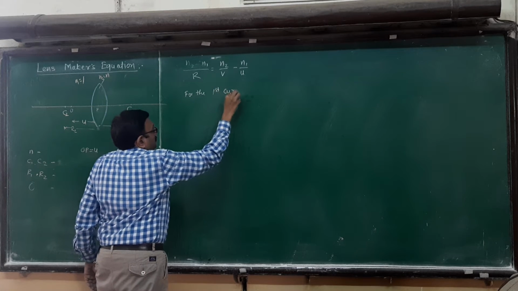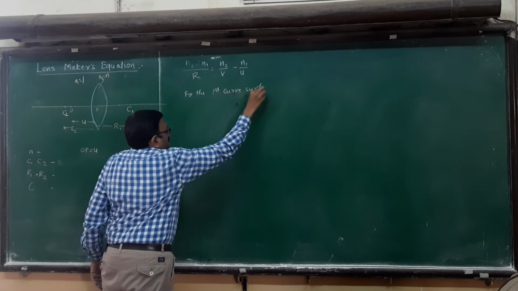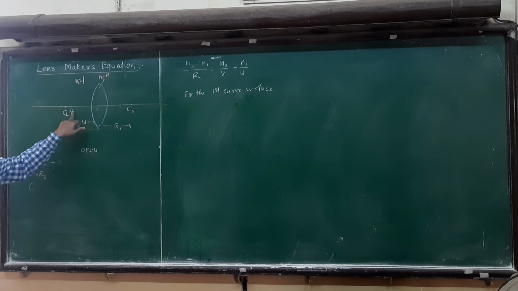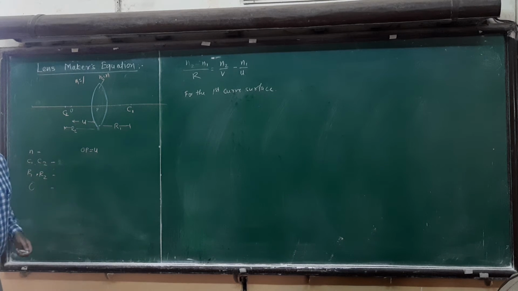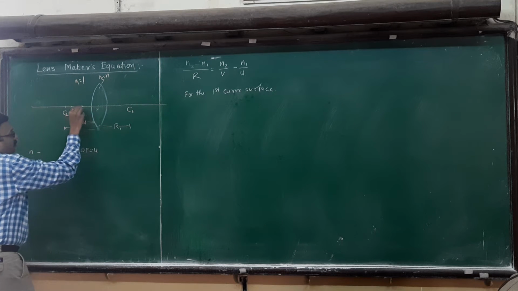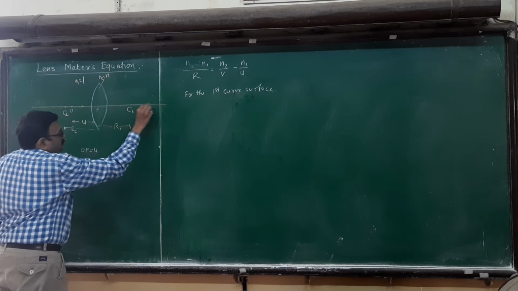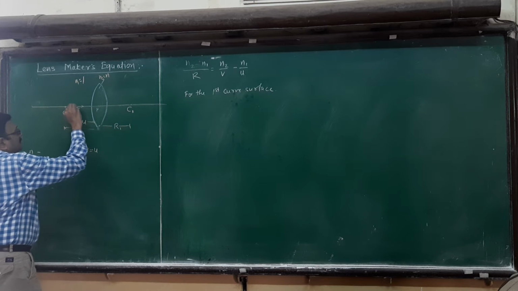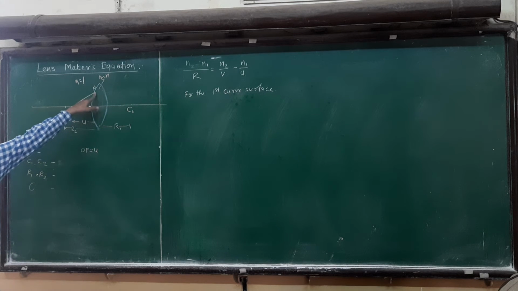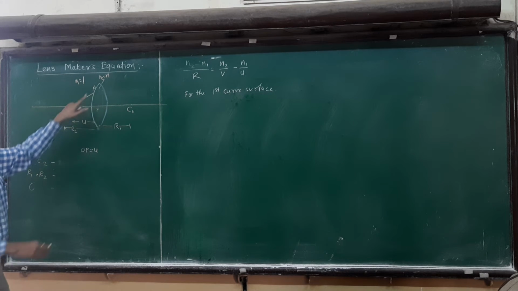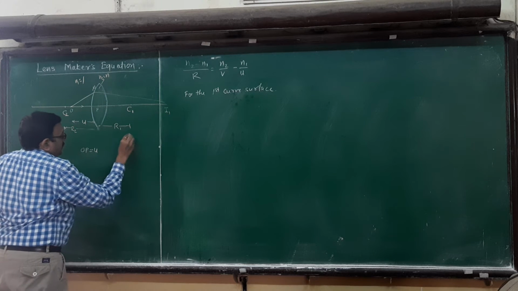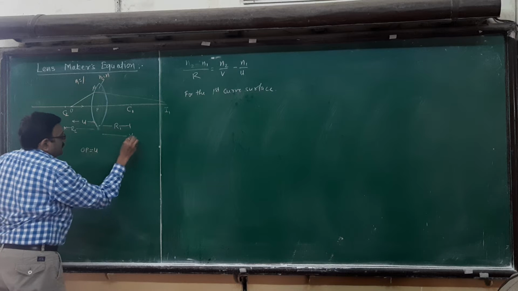A ray from the object O moves along the principal axis in a straight direction. There is another ray, OA, which is incident at this point. This ray produces its image at point I1, and this distance we consider as V1.